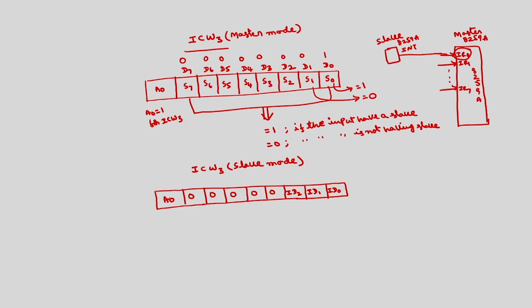As I have told, this A0 is not a part of this register. The register length is only 8 bits, D7 to D0. This is additional information. A0 is one of the pins of 8259. It is 1 for ICW3, and it is 0 only for ICW1; for the remaining it will be 1.